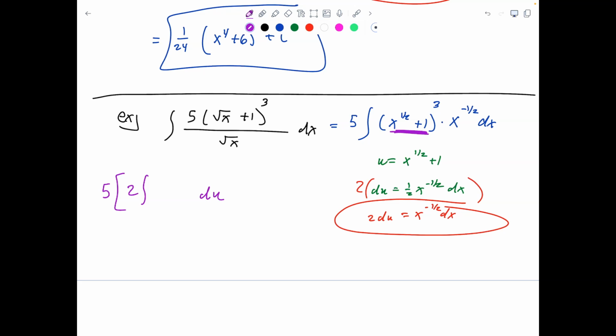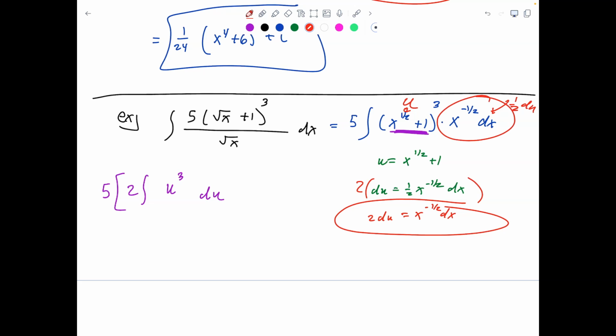It's always u to a power. Just u cubed. That's it. The premise here is this is u, and this whole thing right here becomes 2 du. So that becomes u cubed.